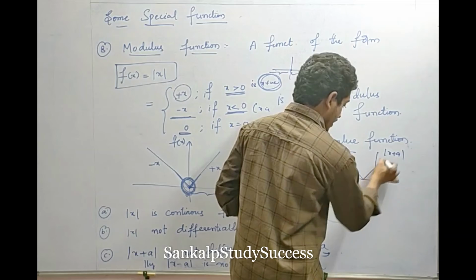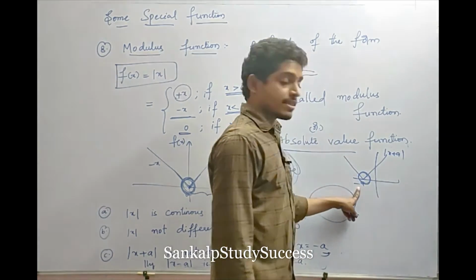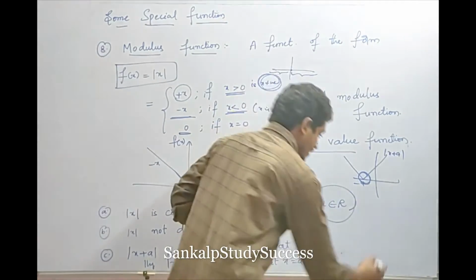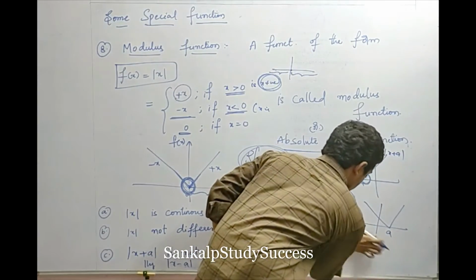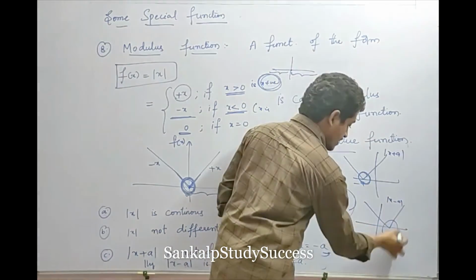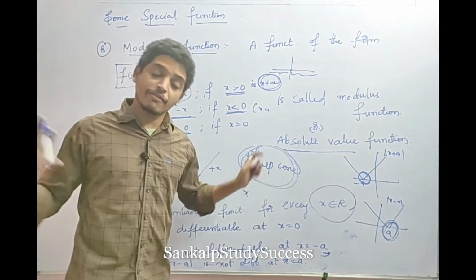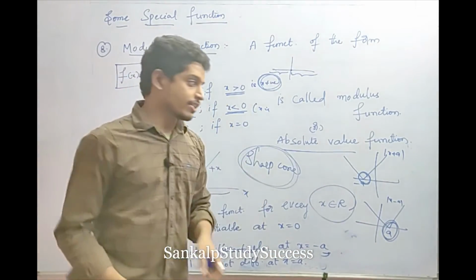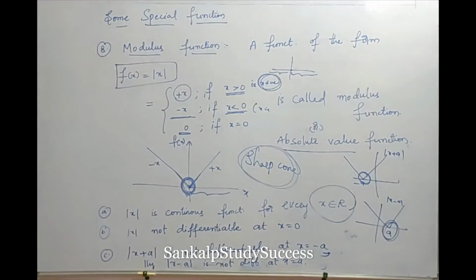So at this point, the function is not differentiable. And this is mod x minus a, right? At this particular a, the function is not differentiable, but it is continuous at every point. It is not differentiable wherever there is a sharp cone, right? So this function is very important.